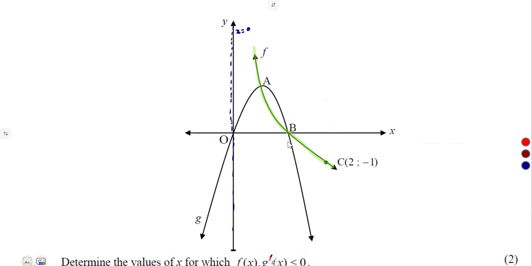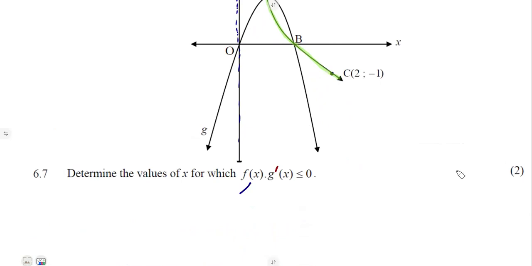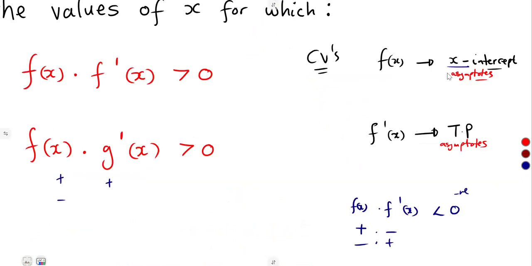So as of F, it has an asymptote. So its critical values will be the asymptote, because it has an asymptote, the y-axis, and the x-intercept. The original function, guys, always has x-intercepts and asymptotes, if they are asymptotes.